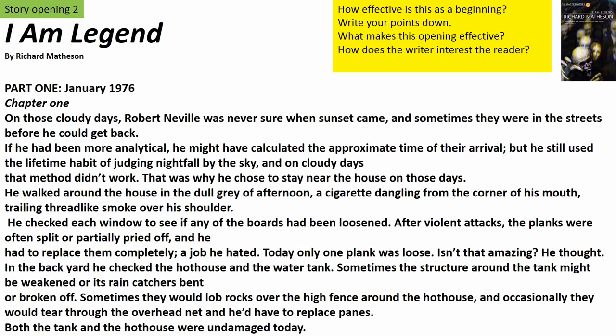So how does the writer create an effective beginning in I Am Legend? What makes this opening effective, and how does the writer interest the reader? Notice that in the first extract that we looked at, the viewpoint was first person.